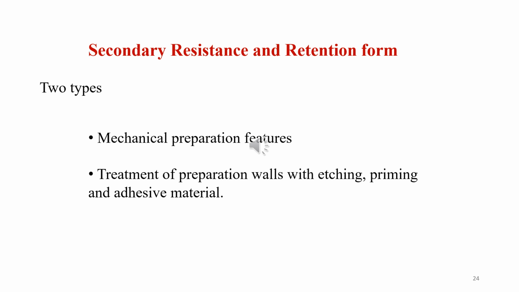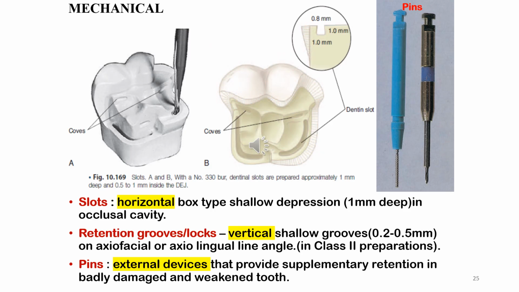After pulp protection, we will go for a secondary resistance and retention form. This can be of two types: mechanical preparations, or treatment of preparation walls with etching, priming and adhesive material. Under mechanical preparations, slots, retention grooves or locks, and pins can be given. Slots are the horizontal box type shallow depressions which are 1 mm deep in the occlusal cavity.